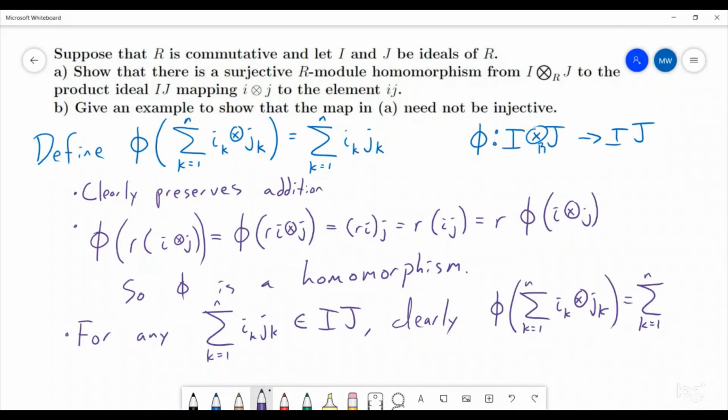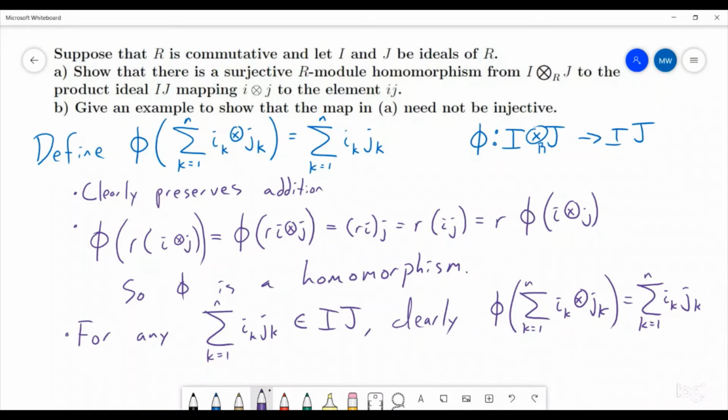So we are definitely going to have this be surjective. All of that together shows that there is a surjective R module homomorphism from I tensored with J over R to the product ideal IJ, which maps i tensor j to the element ij.